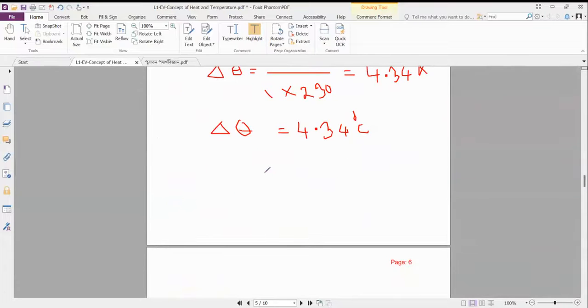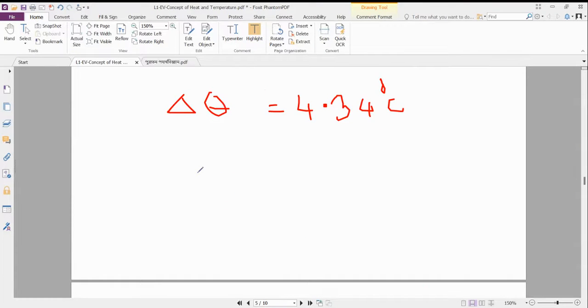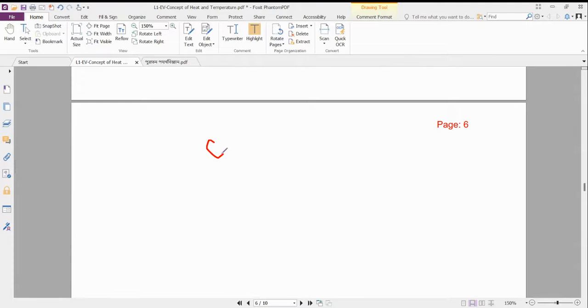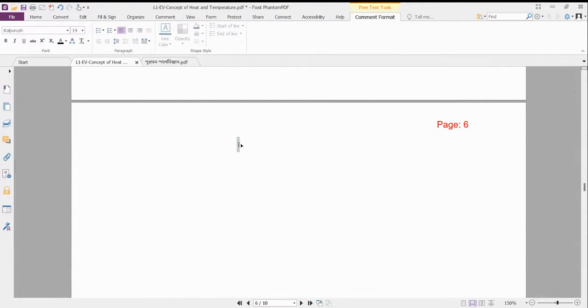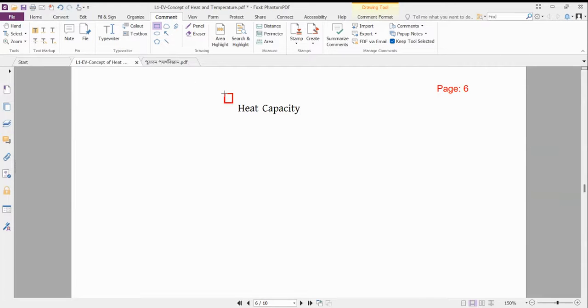so this is for specific heat, and now the capacity of heat, the last item to describe. Okay, heat capacity. Normally I explain with an example. I prefer giving an example. So let us consider two objects of the same material. Now I'm not concerned with the material, I'm concerned about the object.